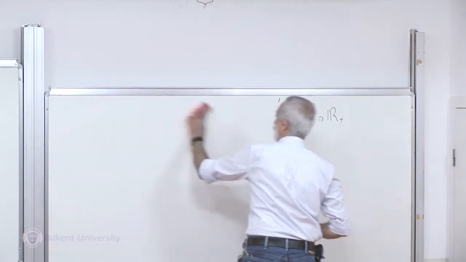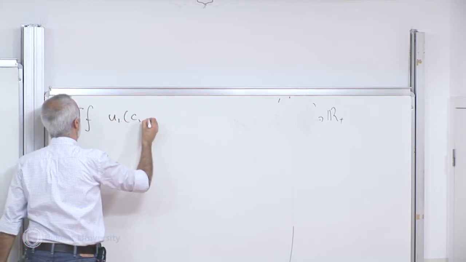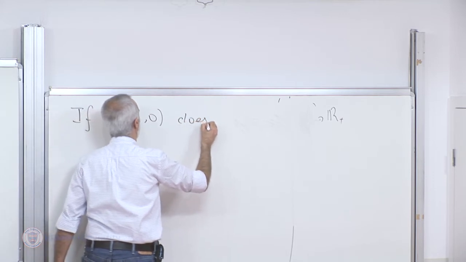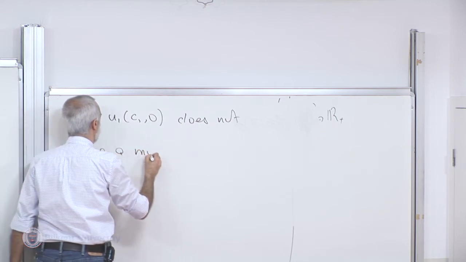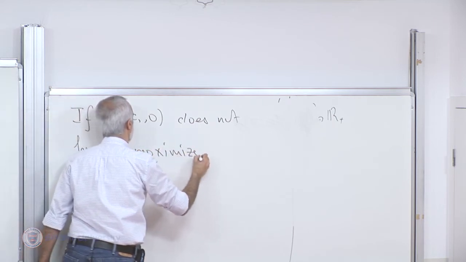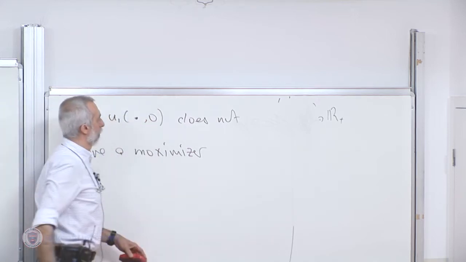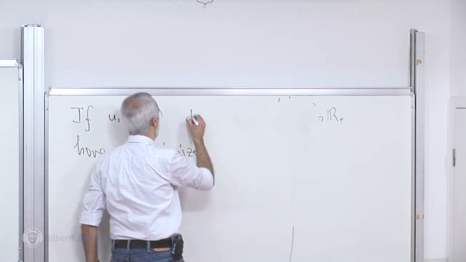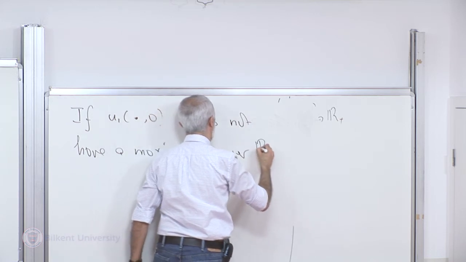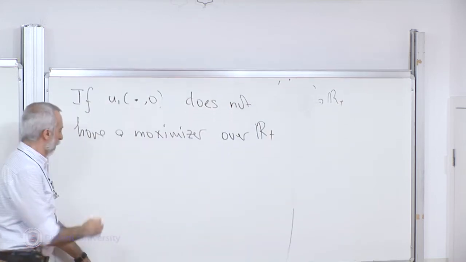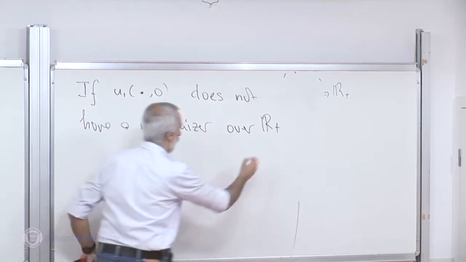Let's go step by step. If U1 does not have a maximizer over R plus, then what can we say about the best response of the player?